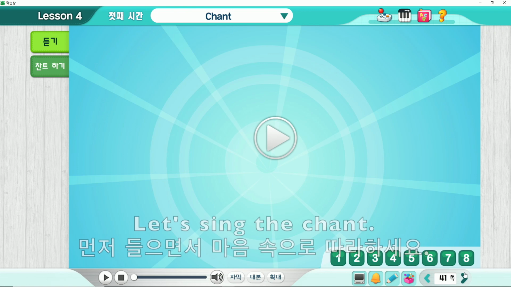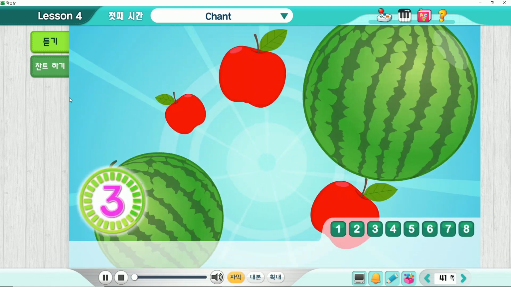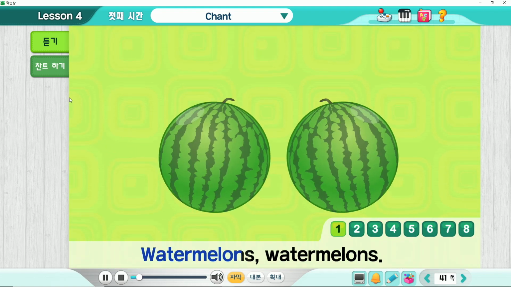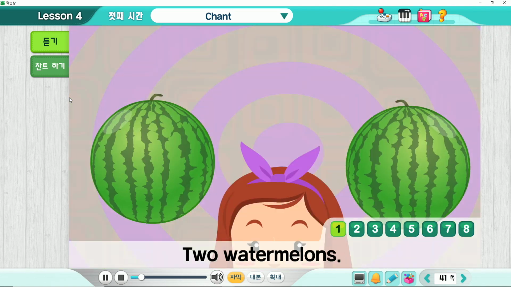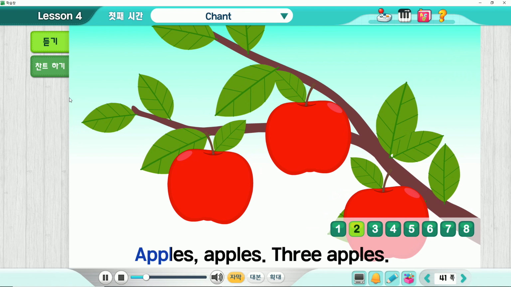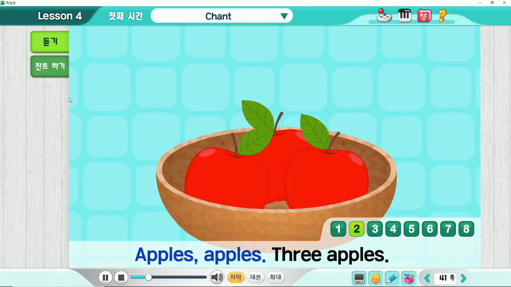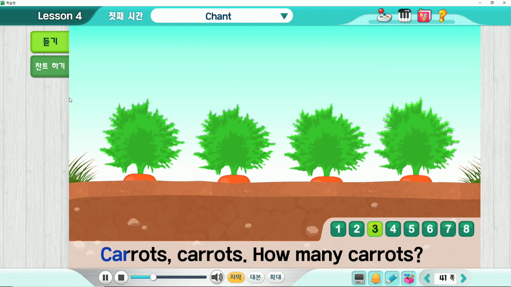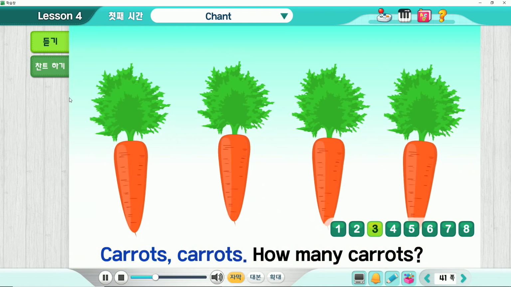Chant. Let's sing the chant. First, listen and repeat in your mind. Watermelons. Watermelons. 2 watermelons. Apples. Apples. 3 apples. Carrots. Carrots.